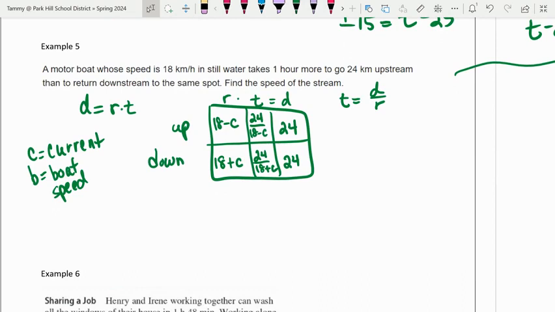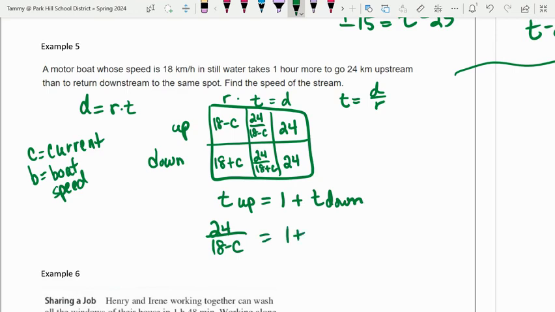We know the time going upstream equals 1 hour more than the time going downstream. So 24 over 18 minus c equals 1 plus the time going downstream, 24 over 18 plus c.